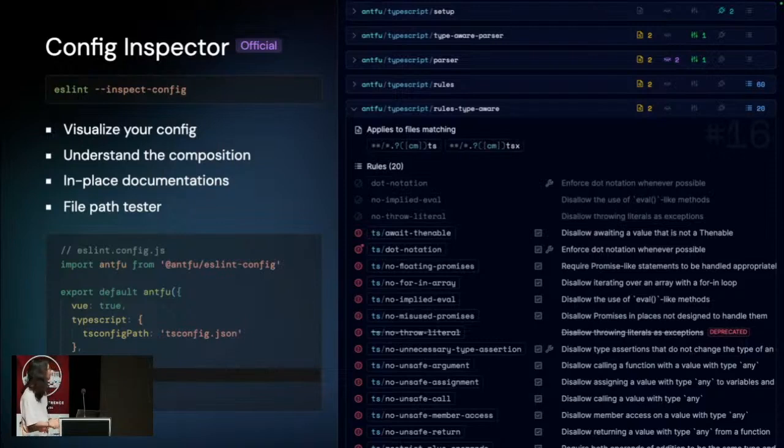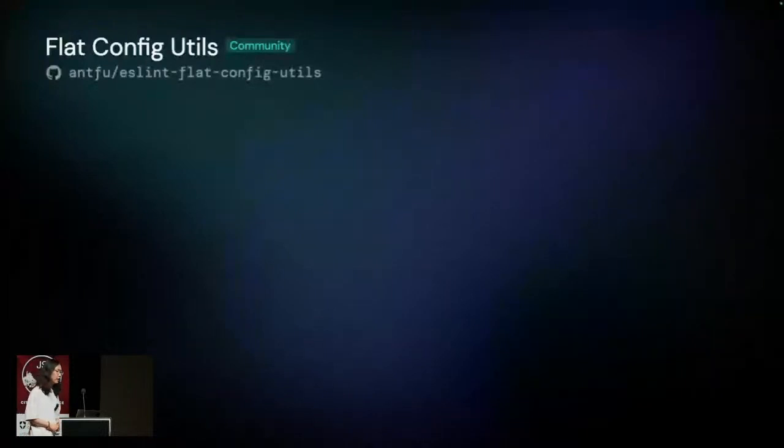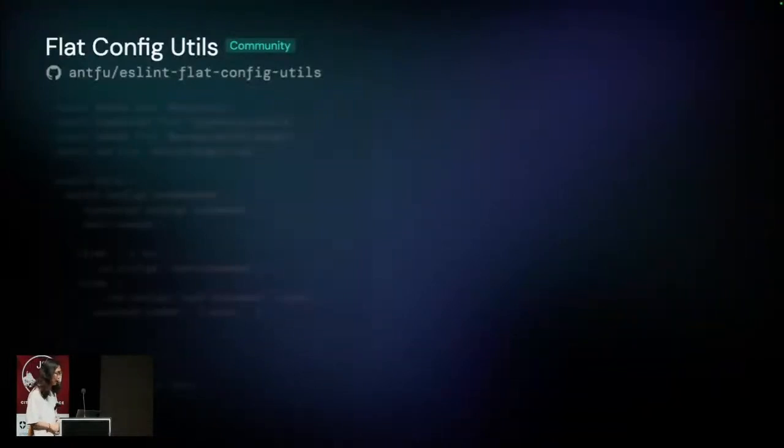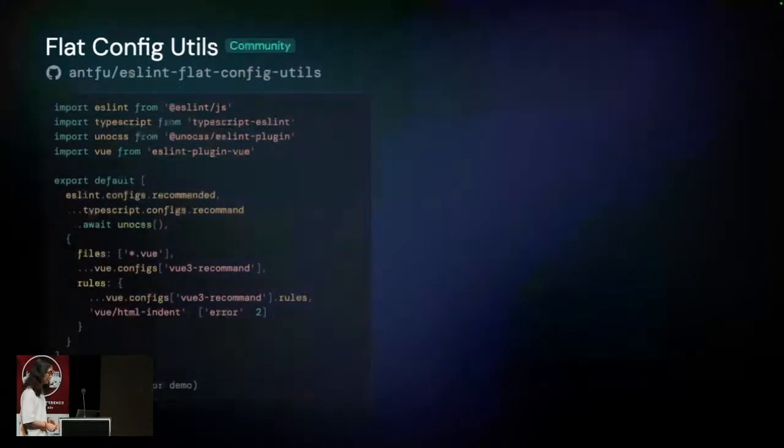And to make configuration customization easier on the user side, I also made a small library called ESLint flat config utilities. For example, here I have a flat config that might be rather complex, depending on how each shared config is constructed.